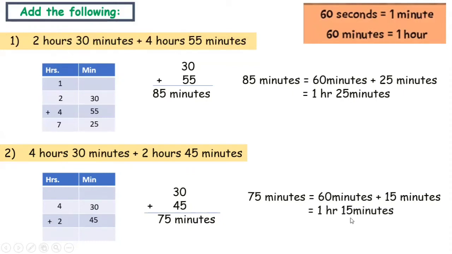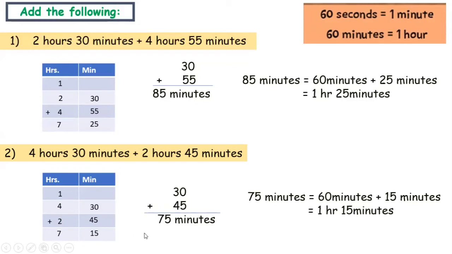So this 15 minutes we write it over here. Now the remaining 1 hour we write it in the hours column. So how much hour is it? 1 hour. So we write 1 over here. Now we add 1 plus 4 plus 2. That gives us 7. So the final answer is 7 hours 15 minutes.